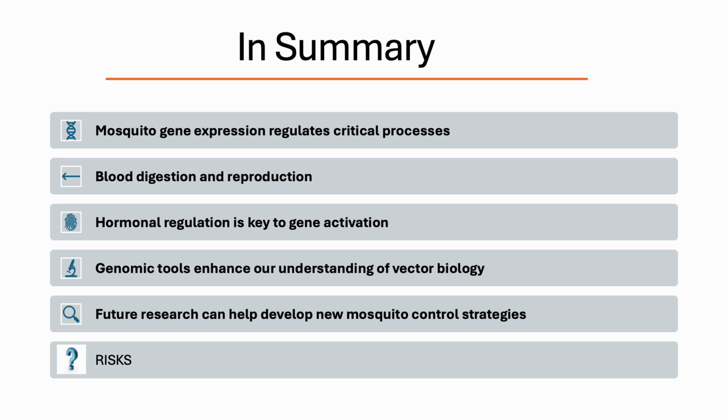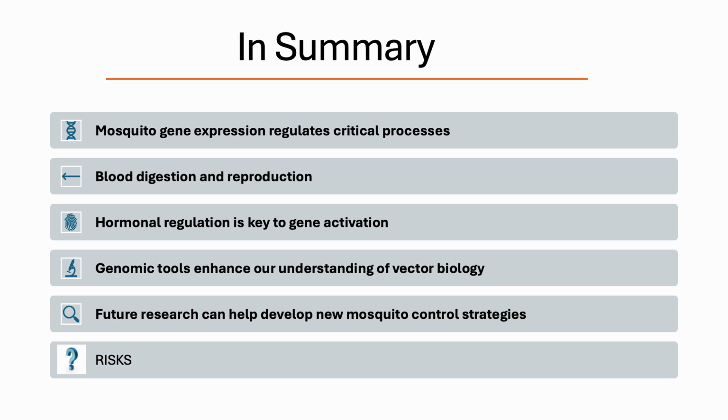But other than that, this chapter was a really nice read. I think I read it like 2 times because I just wanted to fully understand it, and I thought it was cool reading it. This chapter did go over mosquito gene expression and how it is a very important process, the blood digestion and reproduction aspect of it, the hormonal regulation of juvenile hormone, which is actually found in many insects, not just mosquitoes, by the way.